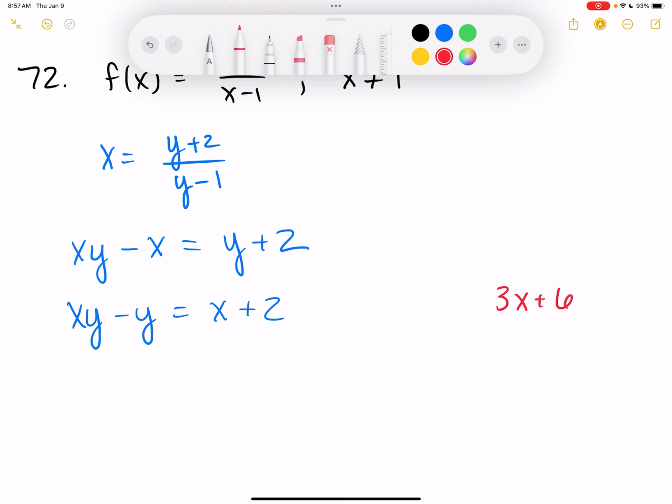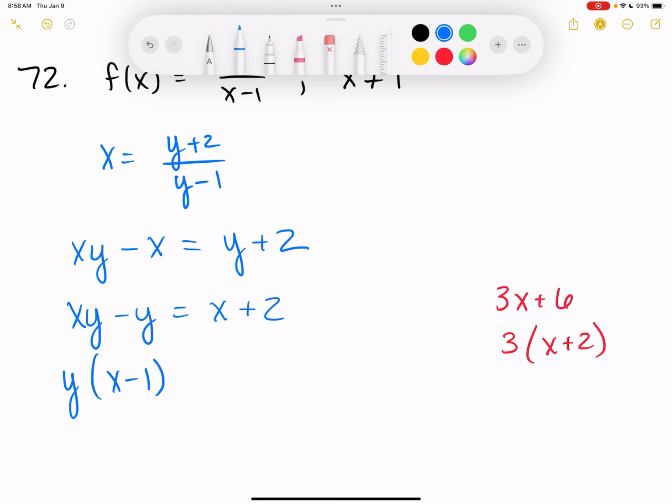How could you rewrite that? x plus 2 times what? 3. Yeah, so you take out the 3 and have x plus 2, right? So you notice there was a 3 essentially in both pieces here. What's in both pieces over here? Y. So I can do the exact same thing. Take out a y, and I'm left with x minus 1.